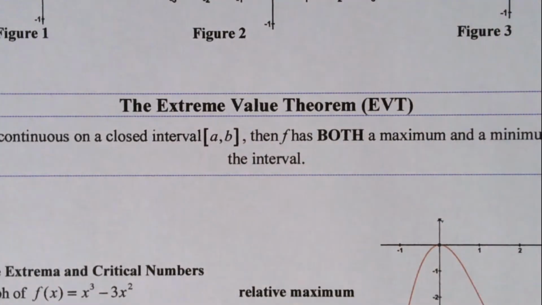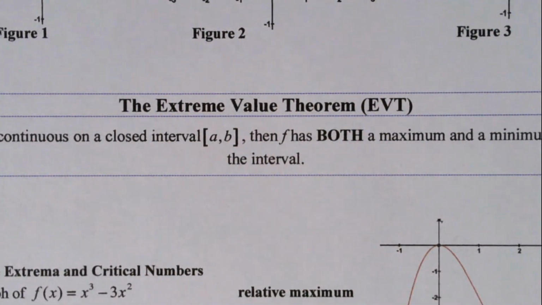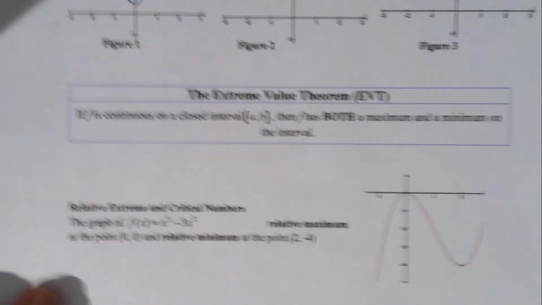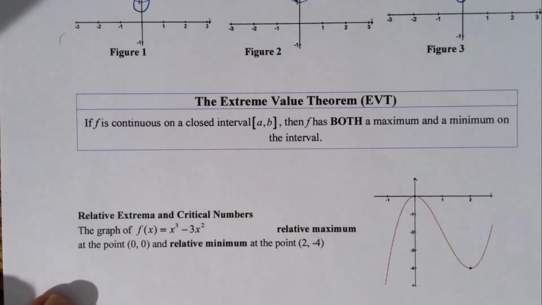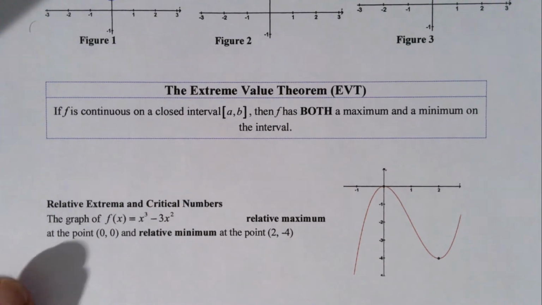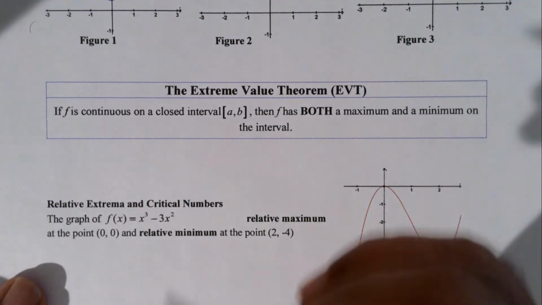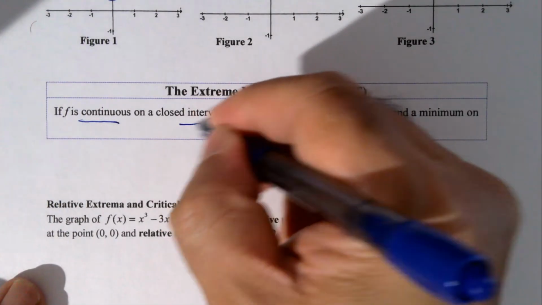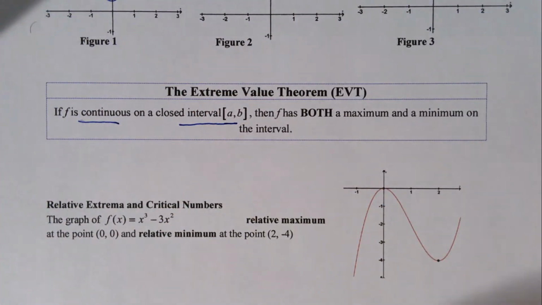Now the extreme value theorem, I got to zoom out on this a little bit. The extreme value theorem assumes two things, or has two conditions. The function must be continuous, and the interval we're looking at must be closed.